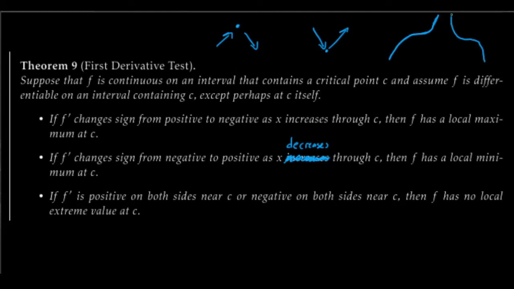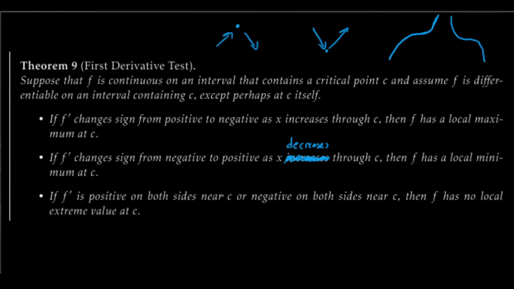So little bends can be misidentified, if you want to think of it that way, by the first derivative test. This is sort of the type of location where the derivative itself doesn't pick up what's going on with just a critical point.